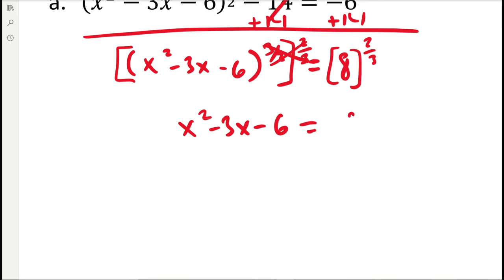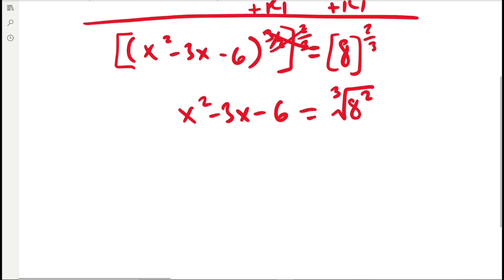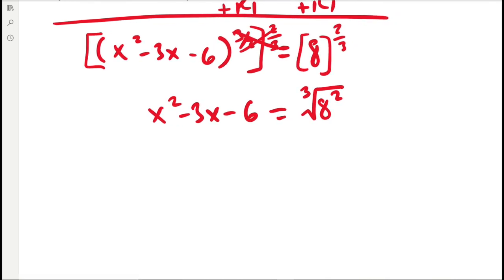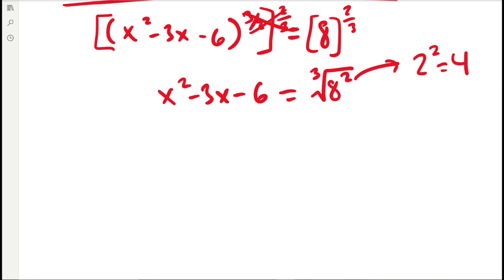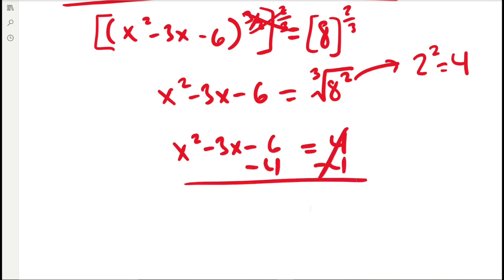8 to the 2/3 power, that's just power and then index. So let's go ahead and do that off to the side. We know that the cube root of 8 is 2, and then 2 squared is 4. So this is going to be equal to 4. So now let's subtract 4 on both sides, because we got a quadratic.